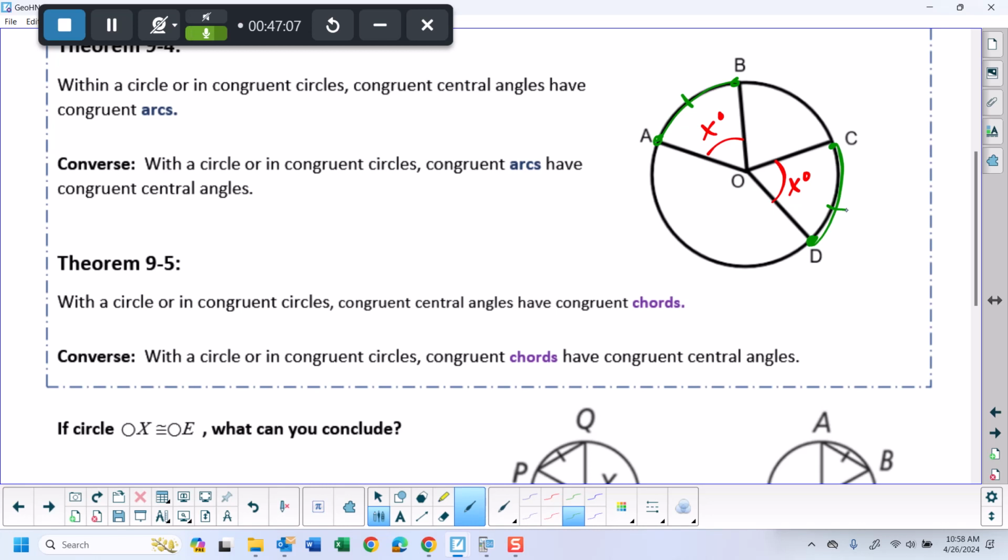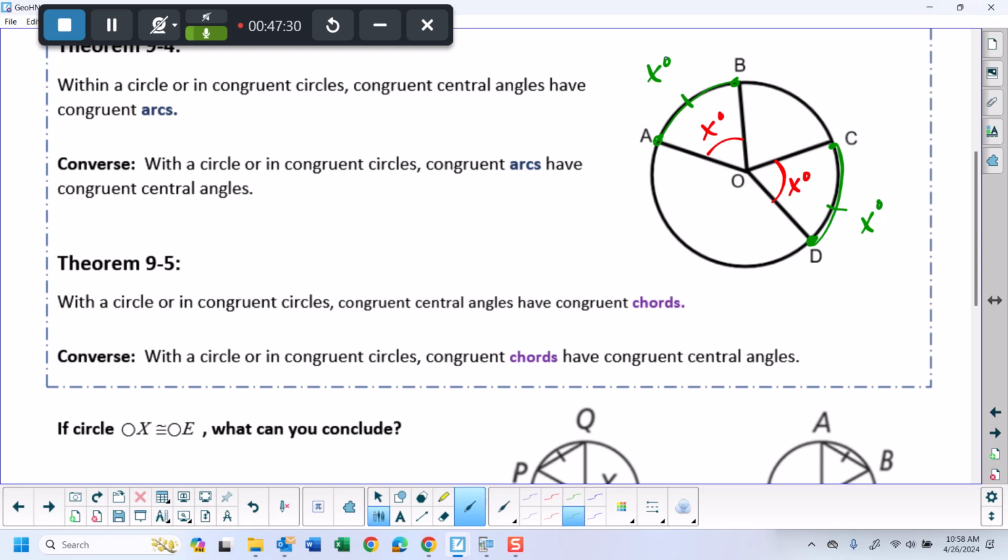When we have that converse, it goes back. Okay, so if you have congruent arcs, then you have congruent central angles. So when we talk about this measure and this measure, I'm talking about in both degrees and lengths. So that measure of the arc is going to be the same too.